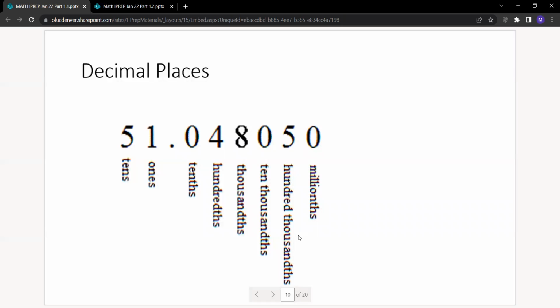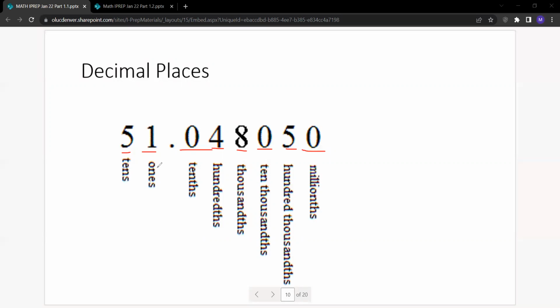Now something that's a little special about decimals that we don't have in fractions is our places. When we talk about places, each place will have its own name, and every number is made up of these places. Starting here, you have the tens, the ones, and then of course, after the decimal, you're going to start with your tenths, your hundredths, your thousandths, your 10,000ths, your 100,000ths, and your millionths.